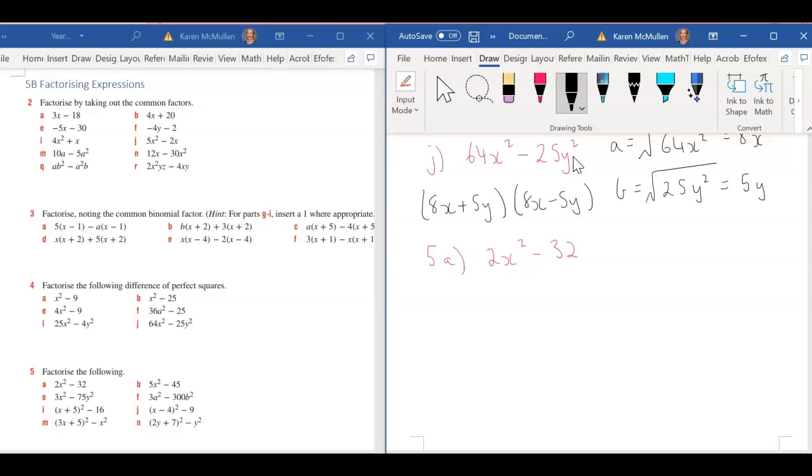So we take out 2 as a common factor, and inside the brackets I'm left with x squared minus 16. Now you can see inside your bracket, difference of perfect squares. a is the square root of x squared, which is x, and b is the square root of 16, which is 4. So we keep the 2 out the front, and have (x plus 4)(x minus 4) in brackets.